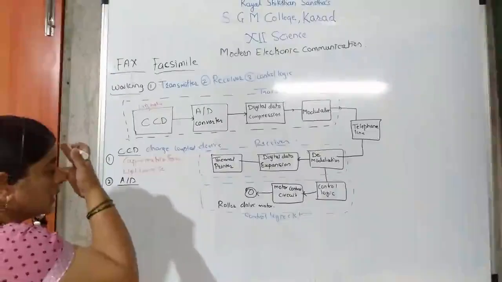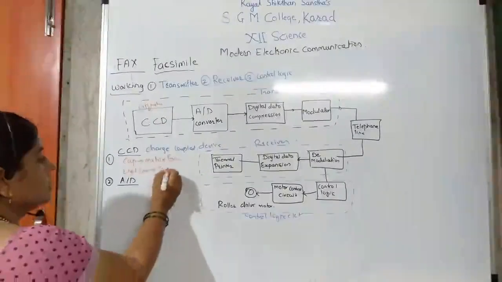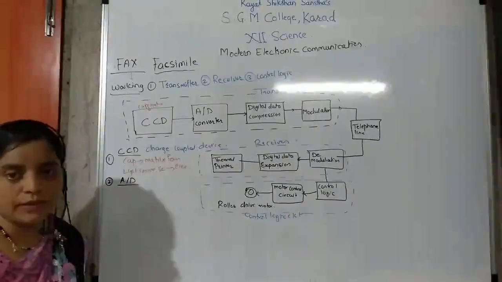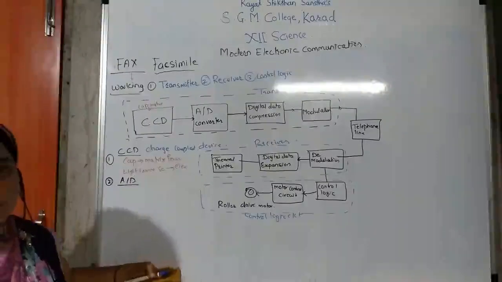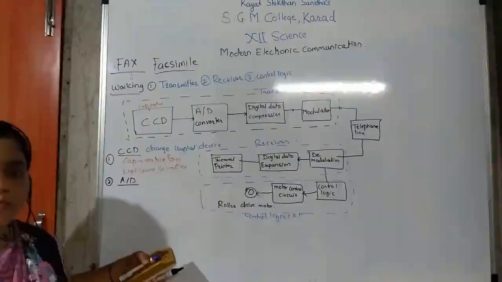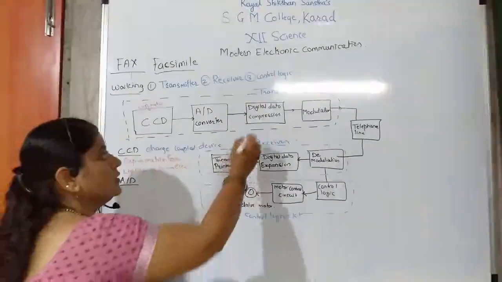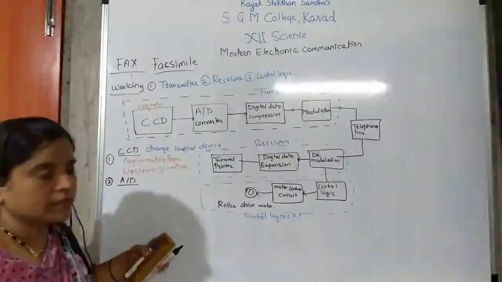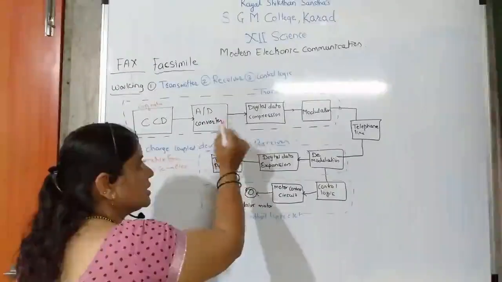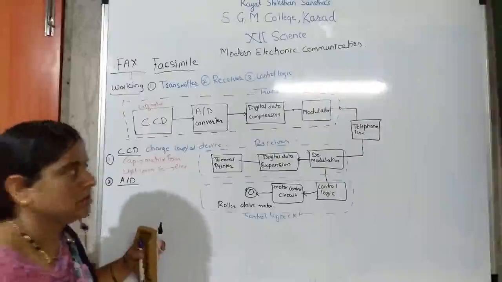In the A to D converter, it converts the analog signal into digital form and gives it to the digital data compression.